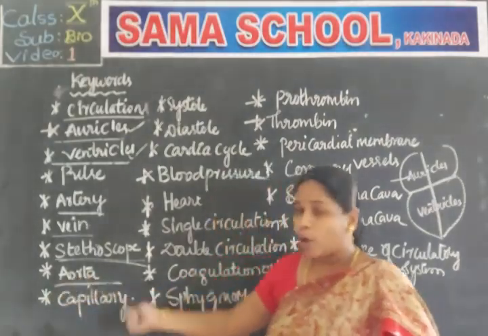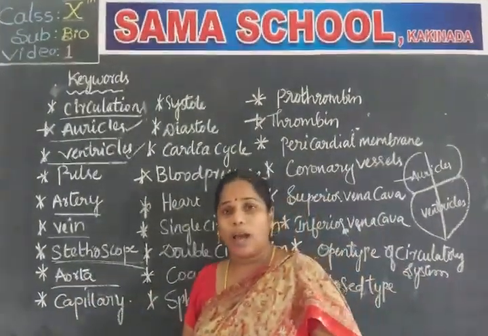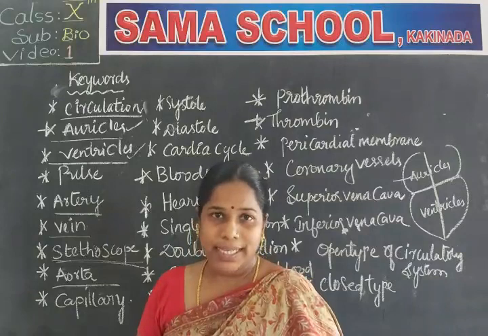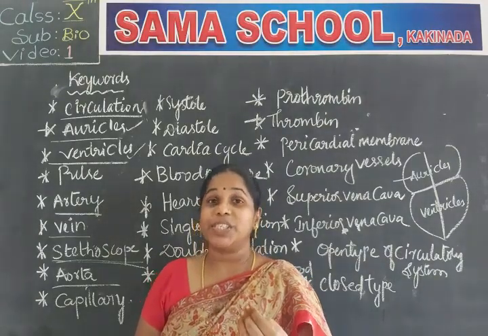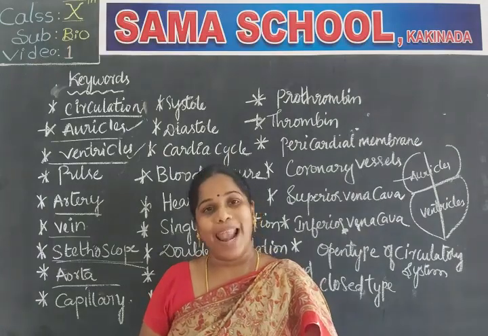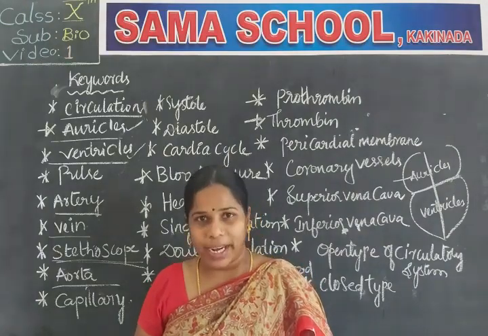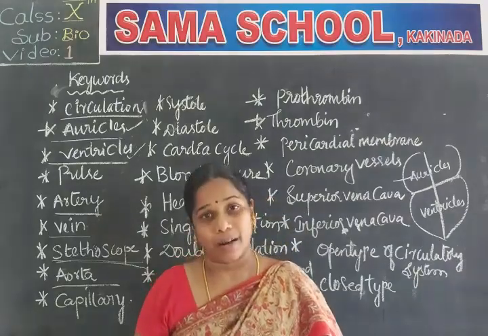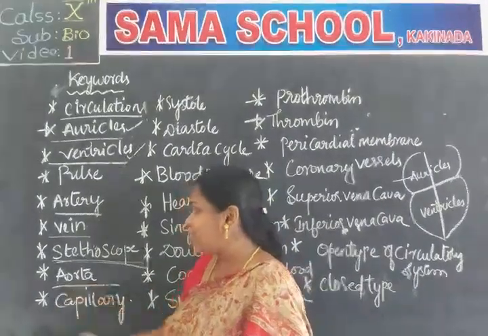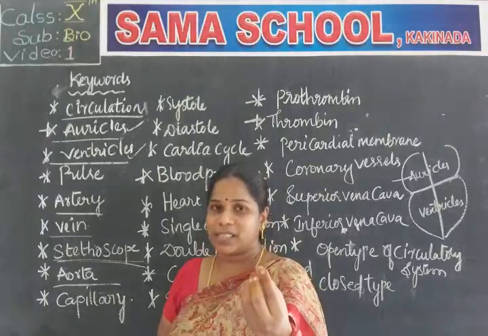And what is the aorta? The aorta is a vessel, a large artery, which supplies the blood, that is oxygenated blood, from the heart to the various parts. And it arises from the left ventricle.